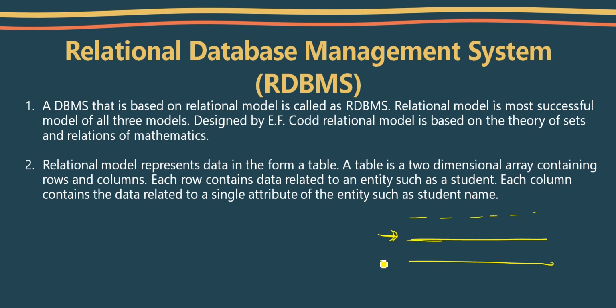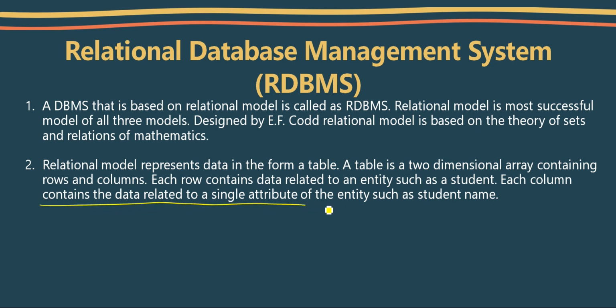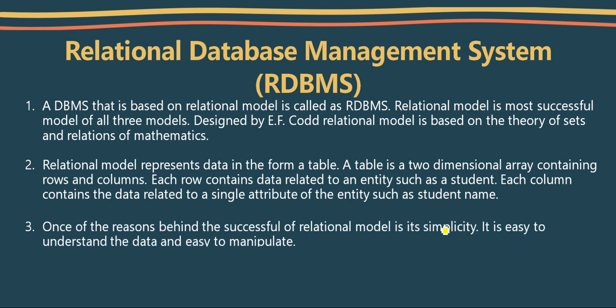Let's say you are also an employee, then a second row will be dedicated to you, which means your details will be there, right? So a row represents the entity. Each column contains the data related to a single attribute of the entity, such as student name, and the attribute, or you can say the column, is the properties or the information about that entity.